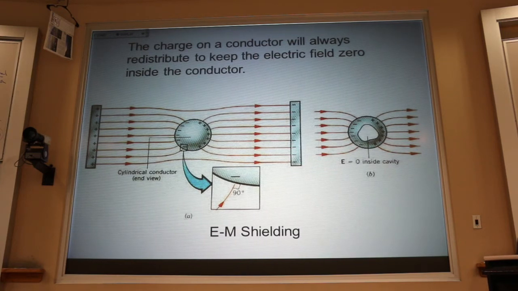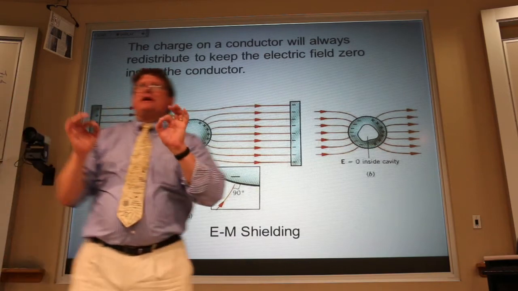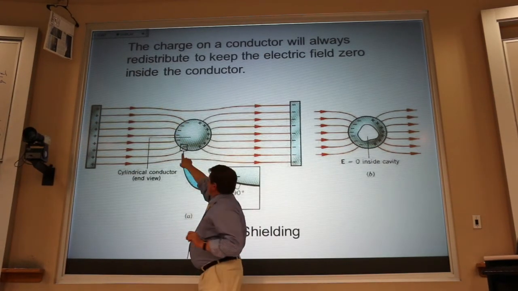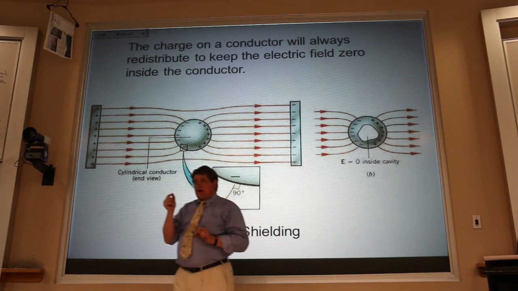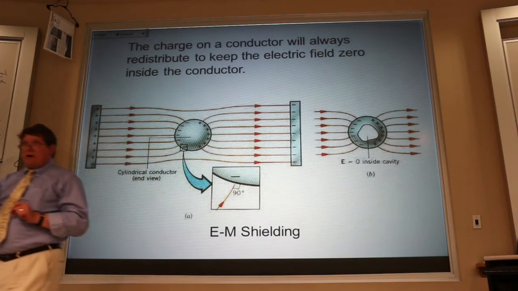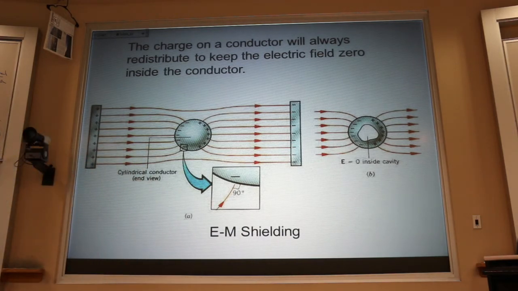So that means that once the electrons are in their happy place in equilibrium, all electric fields have to come into that metal at 90 degrees. Now this has very important consequences when we get to lightning rods next week. We'll find that this single principle determines why lightning rods have to be sharp.